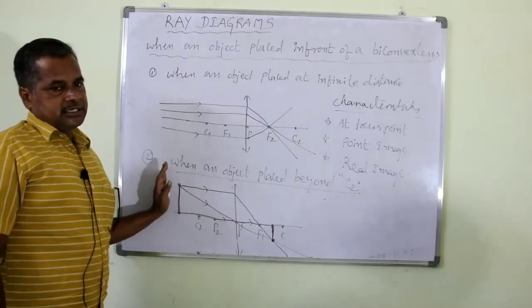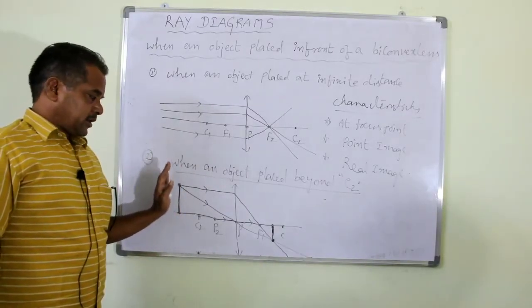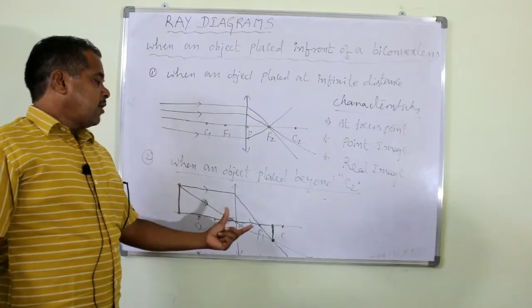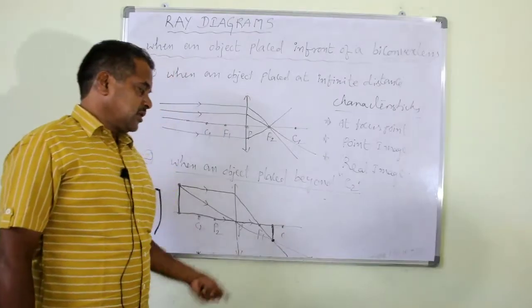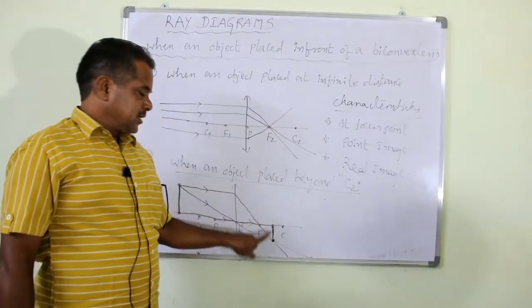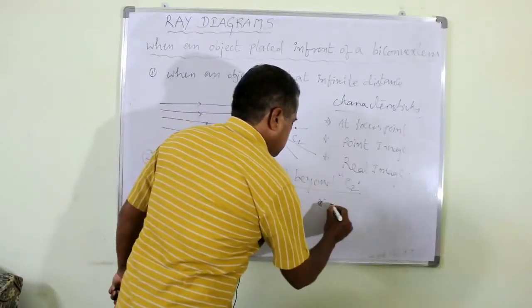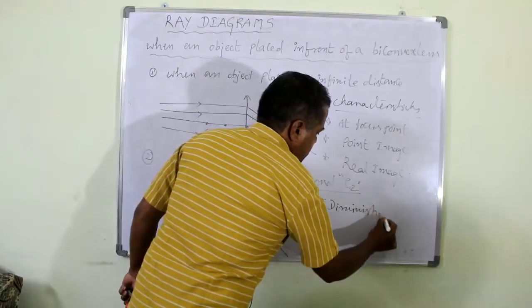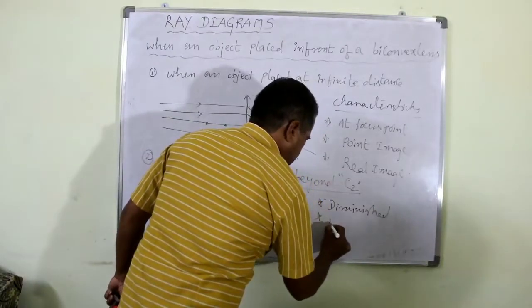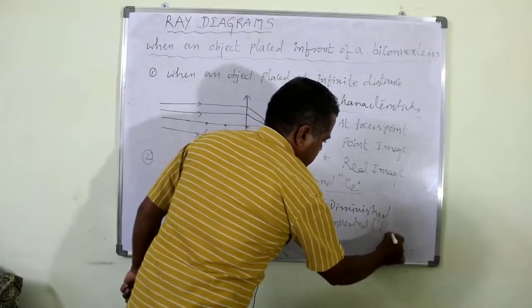When an object is placed beyond the center of the curvature, the image is formed between the focus point and the center of the curvature. That image is inverted, and that image is diminished. So characteristics: diminished image and inverted, so it is called a real image.